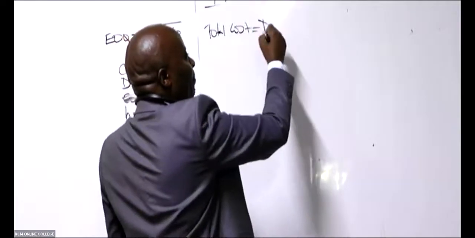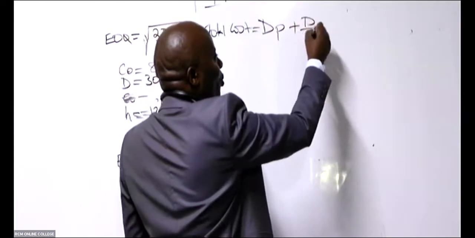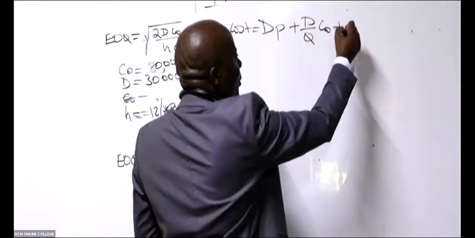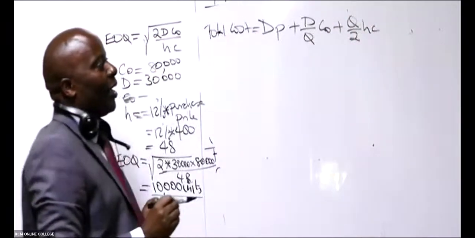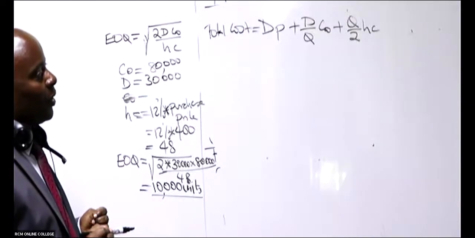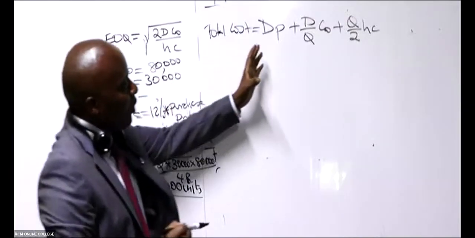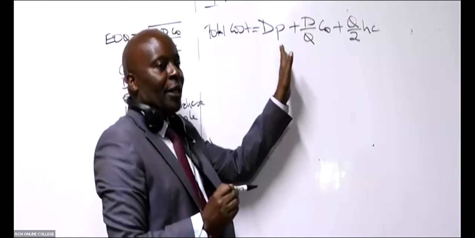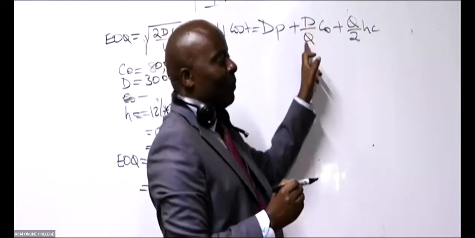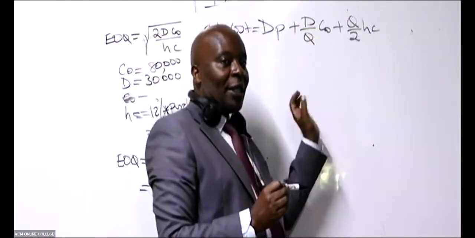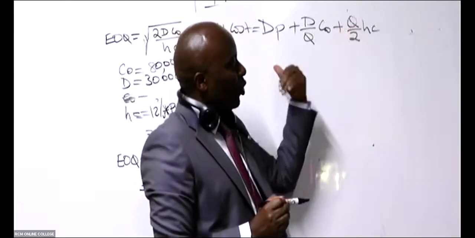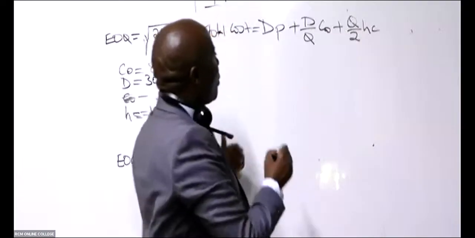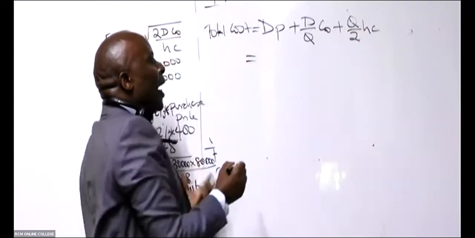So you take DP, plus D over Q times CO, plus Q over 2 times HC. Total cost equals annual demand times price per unit, plus annual demand divided by the Q you have gotten, times the cost per order, plus that EOQ you have gotten divided by 2 times HC. So in this particular case, what is the annual demand?